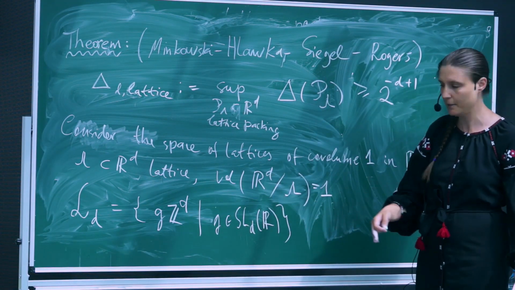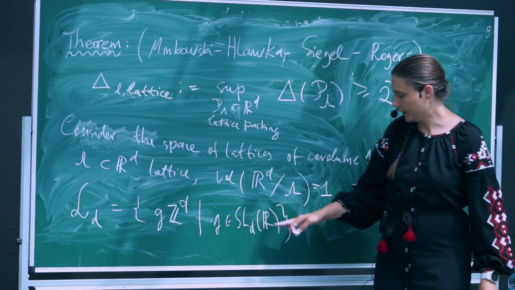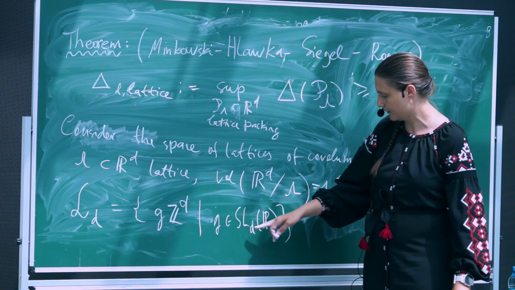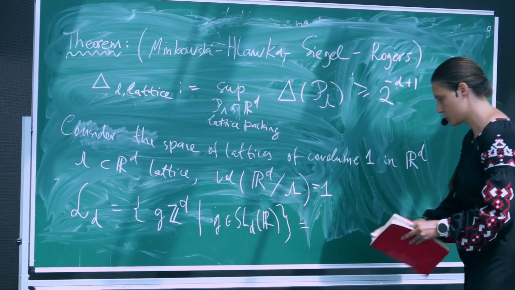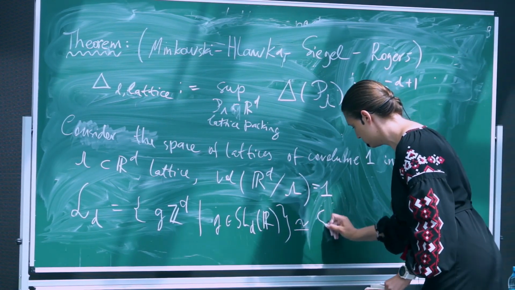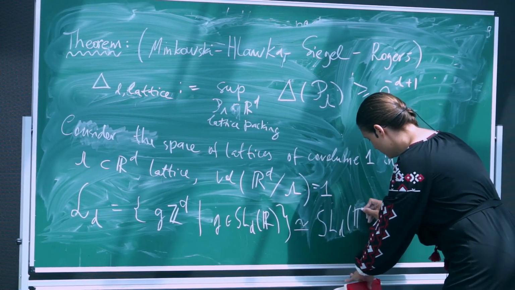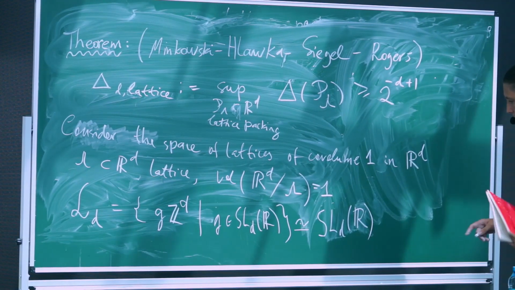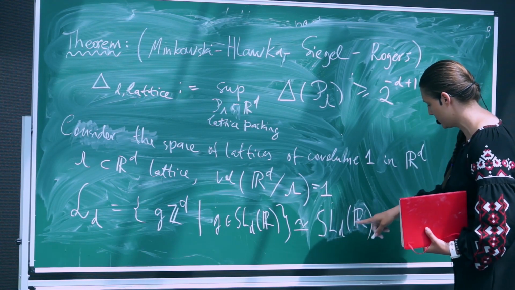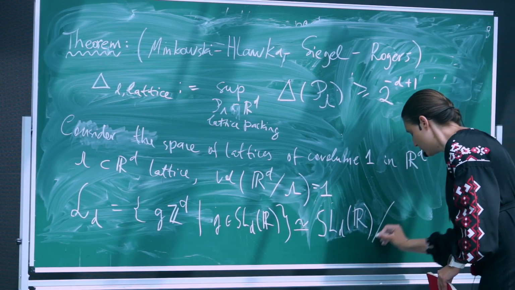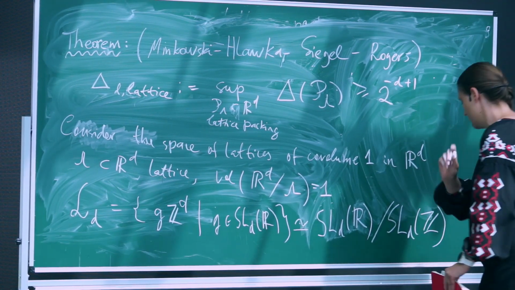When can that happen? That can happen if these two matrices are related to each other by multiplication on the right by a matrix in SL_d(Z). And so we see that this space is actually isomorphic to the group of all d by d matrices with determinant 1, modulo the subgroup of such matrices with integer coefficients.